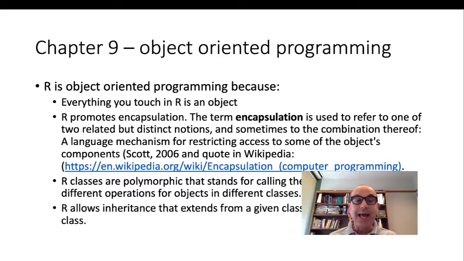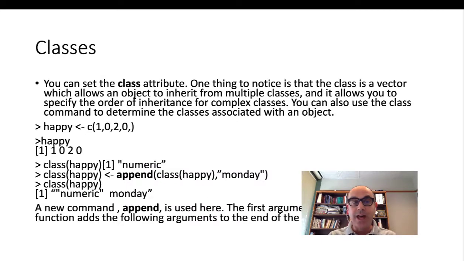The idea is that it is a language mechanism that allows us to have components. R uses classes, and we will talk about those classes, class S3 and class S4, object S3 and object S4, and we will see what they entail in order for us to understand why it is so important and what it allows us to extend.